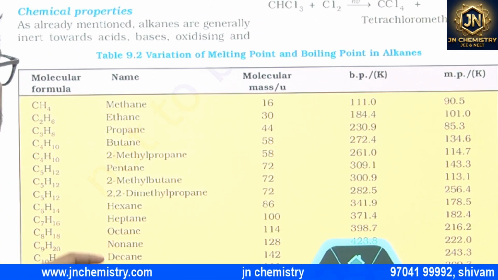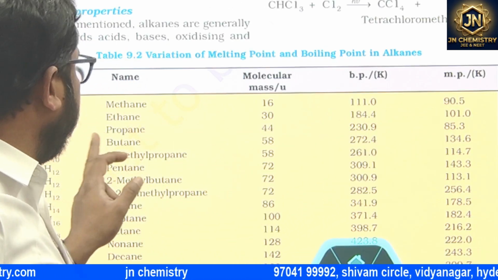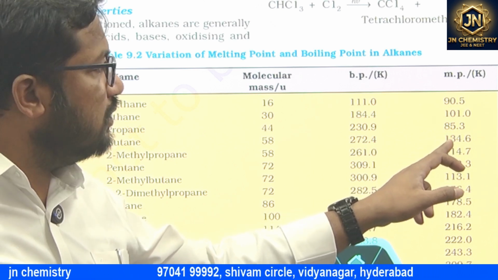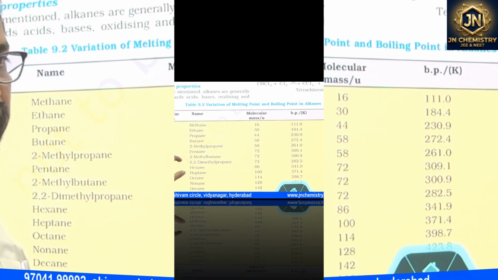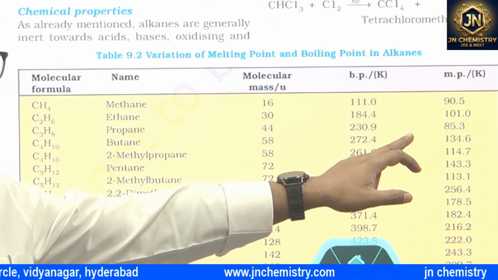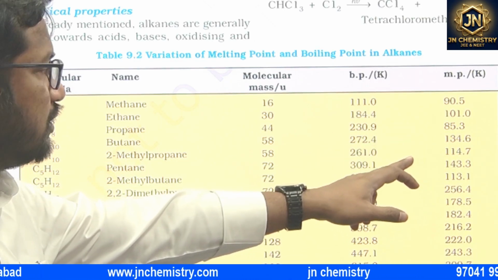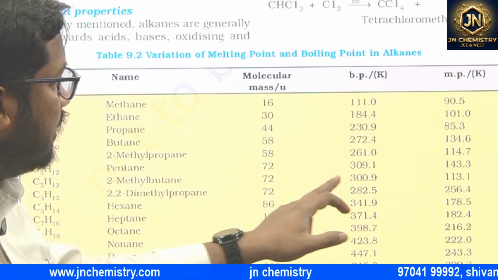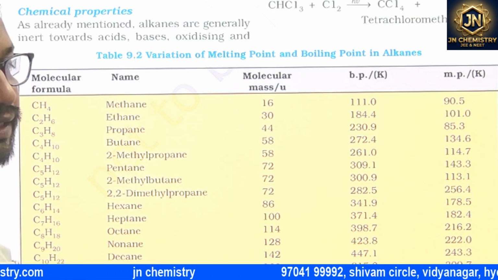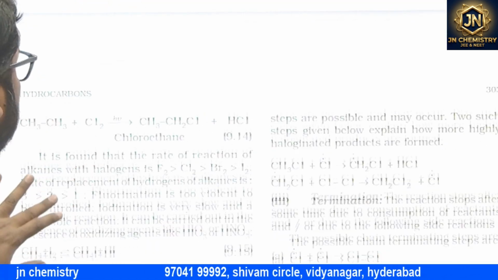Here, ethane is 101, propane, an odd number, is 85, whereas butane is 134 and pentane is 143. It keeps changing if branching and everything is coming. So no need to memorize the values, we need to understand the trend.